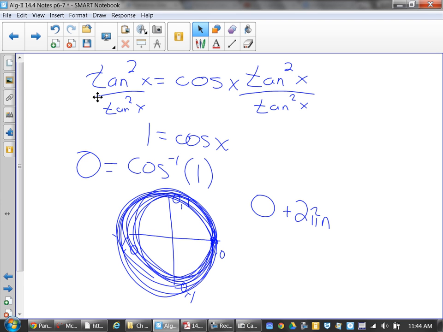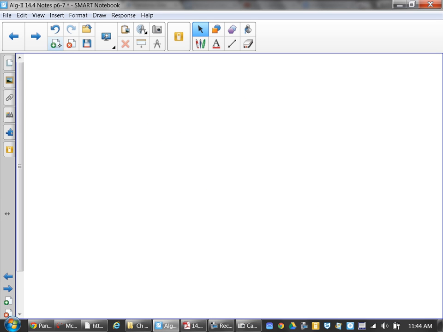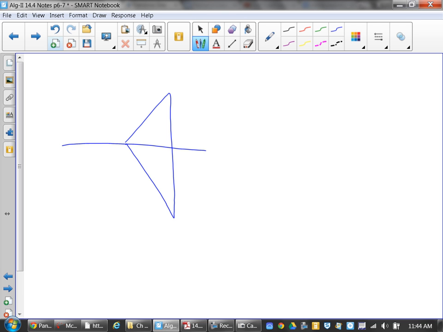It depends. In this case, the only value that gave me an answer was at 0. And every time I get back to 0 is when I add 2 pi to it. So that's why my answer is 0 plus 2 pi n. Whereas the ones we had earlier, in the first and fourth quadrant with the 60, this was pi over 3 and this would have been 5 pi over 3.